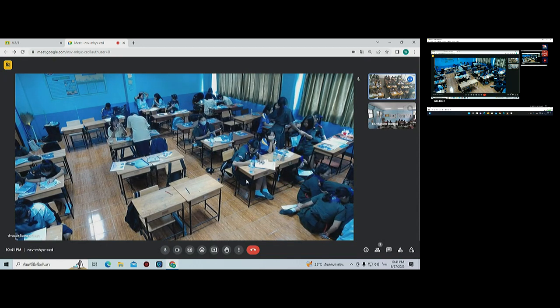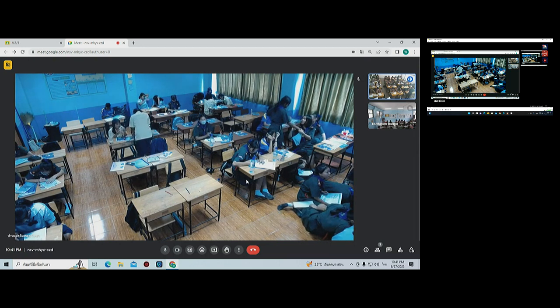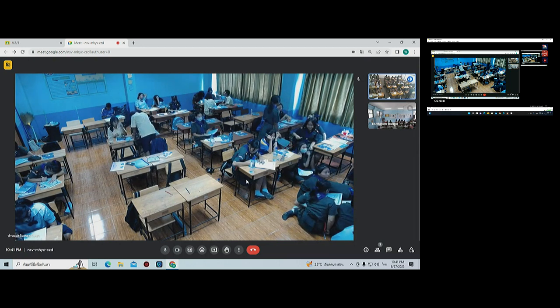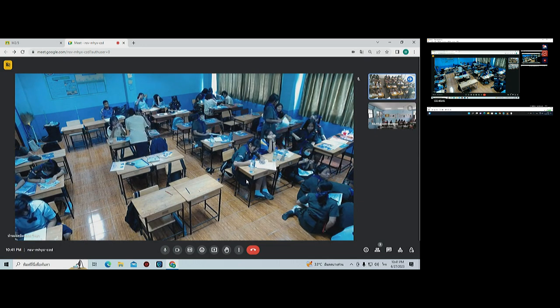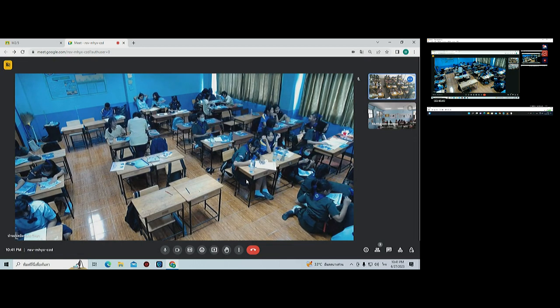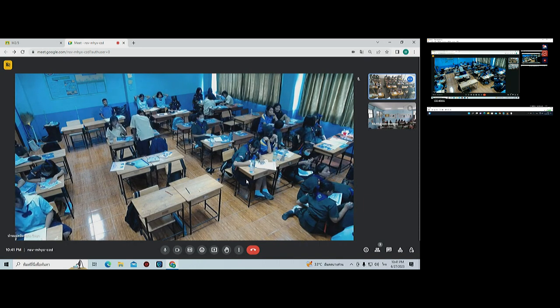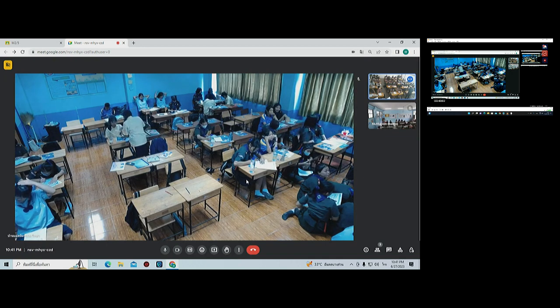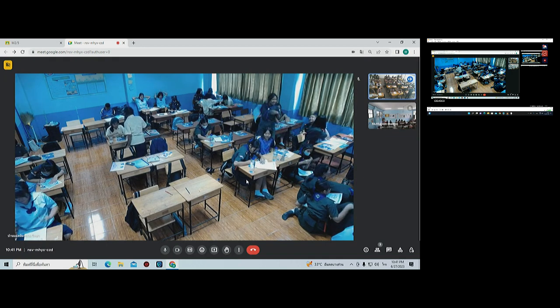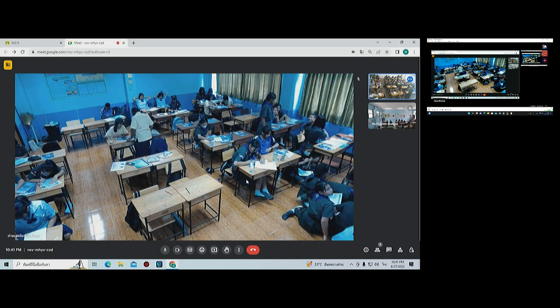14. Right atrium. No, 14 is entering pulmonary. No, 13 is superior vena cava, right?